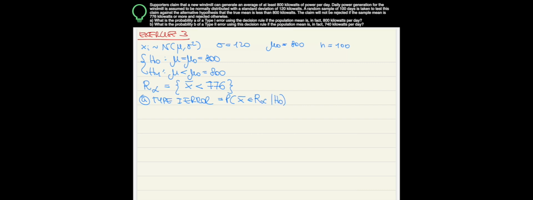In particular, as the rejection region in this case is for the sample mean to be lower than 776, we want to calculate the probability for this to happen when mu is equal to mu 0, that is 800.